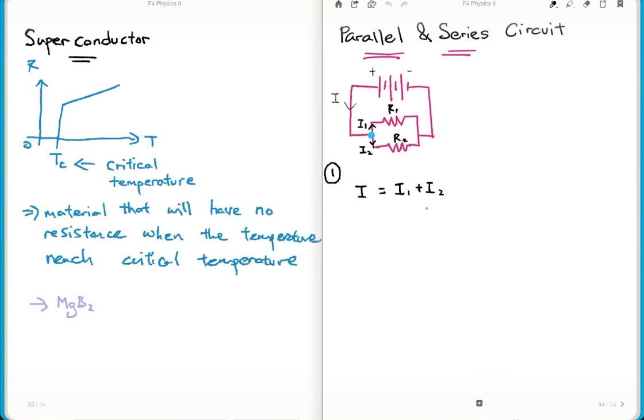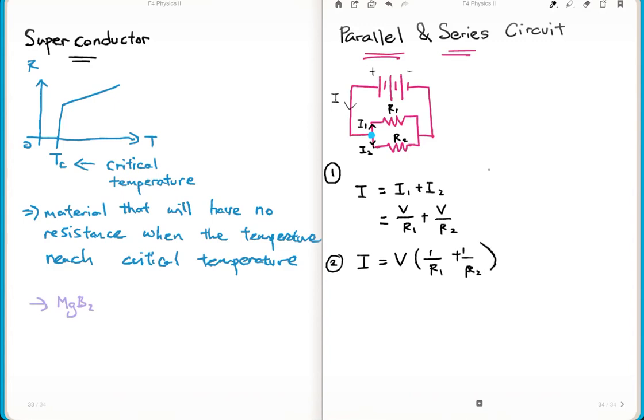So therefore I is actually V over R1 plus V over R2. That will be our second characteristic or condition, where my current equals, with V constant, V times 1 over R1 plus 1 over R2.